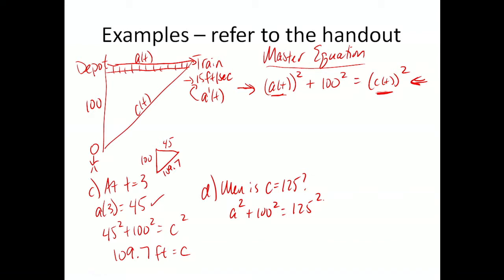So could I use this to then solve for A? I think so. If I just do some arithmetic here, I do 100 squared, which is 10,000, and I subtract that from 125 squared, and I take the square root, you're going to get that A is 75.